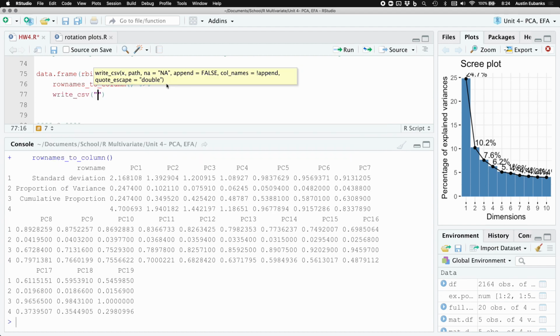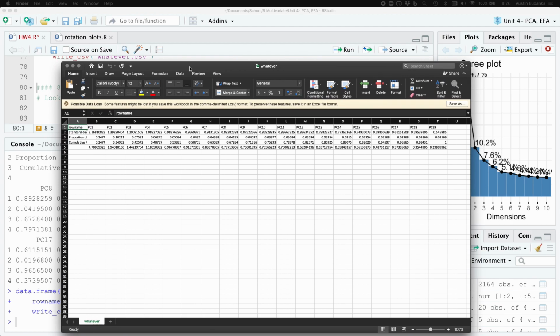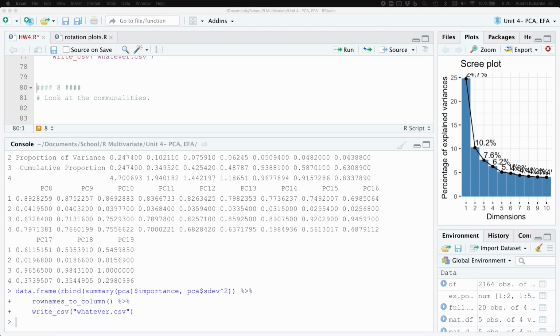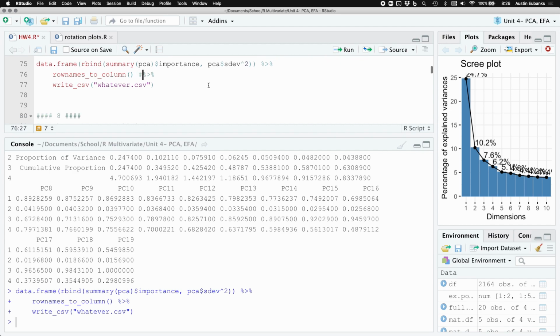Give it a title, whatever. And now over in your working directory, you should have a CSV called whatever. Turn that off so it doesn't try to write it again.